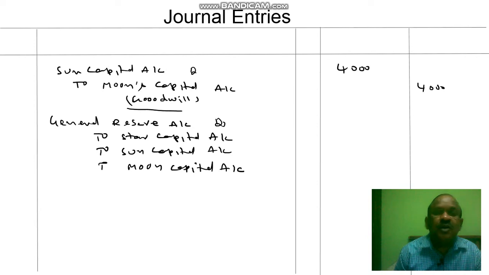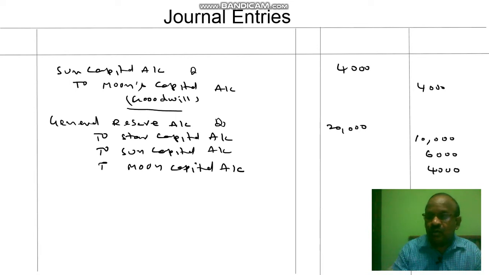So it is 20,000. Distributed among the three partners: 10,000, 6,000, 4,000. So these are the general entries.